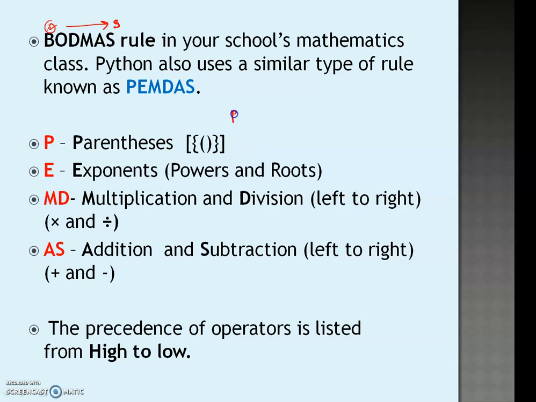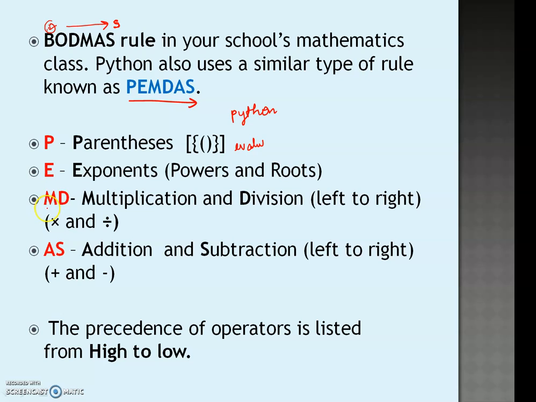Similarly, in Python operators as well, we have to follow a kind of priority. So here we are speaking about PEMDAS. P represents parentheses, where all the expressions inside the curly braces and the normal braces are to be evaluated first, followed by the exponents, which have powers and roots.